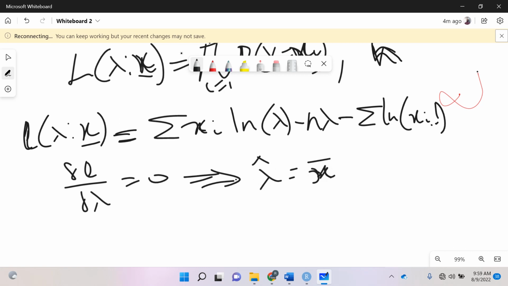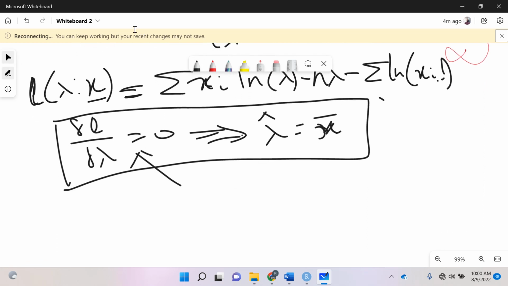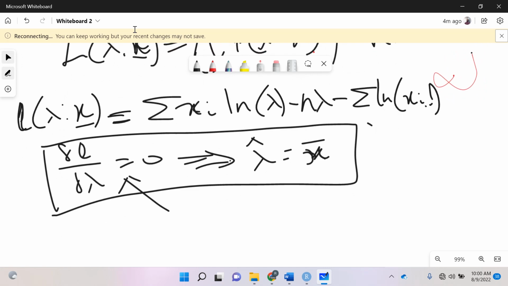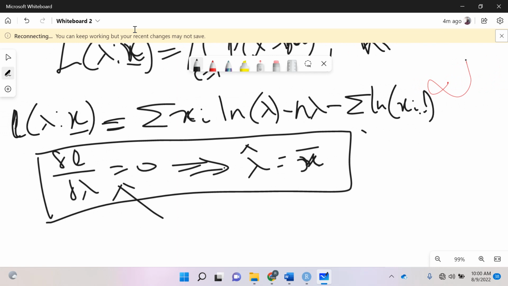Any expression that does not include lambda has a differential of 0, so we can just ignore this part, because it does not include lambda. So delta L over delta lambda will be 0.